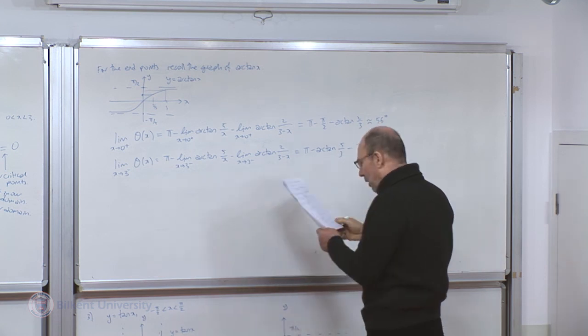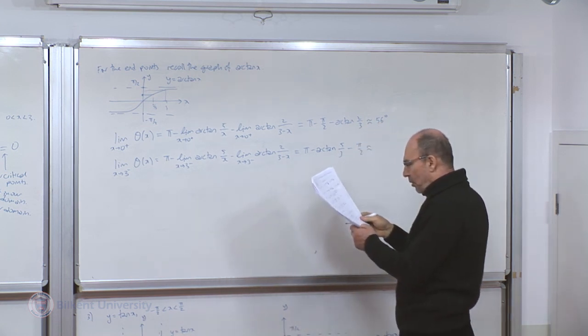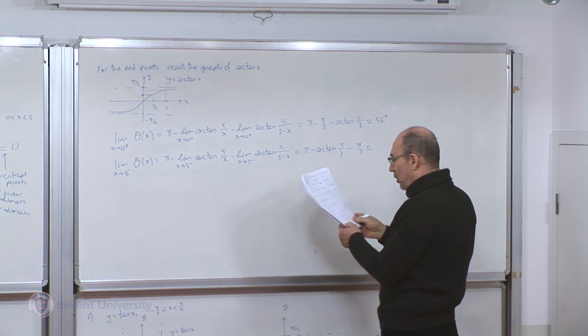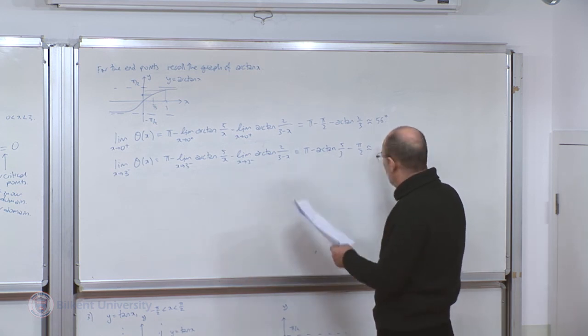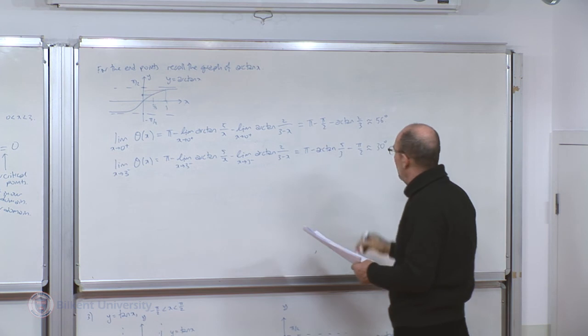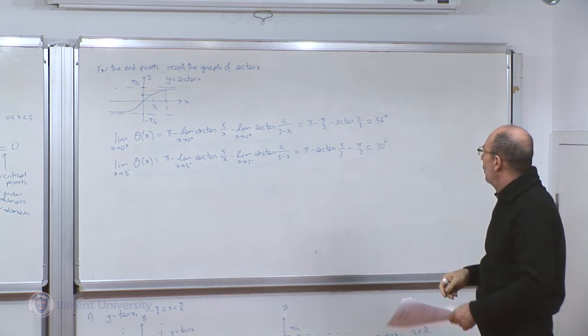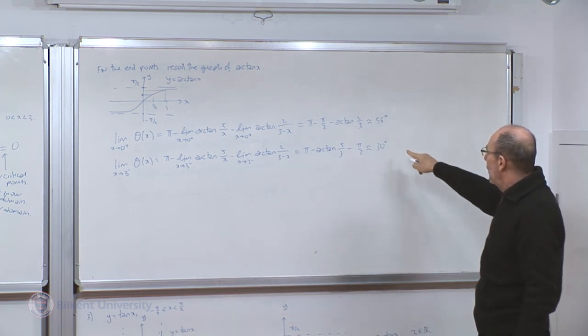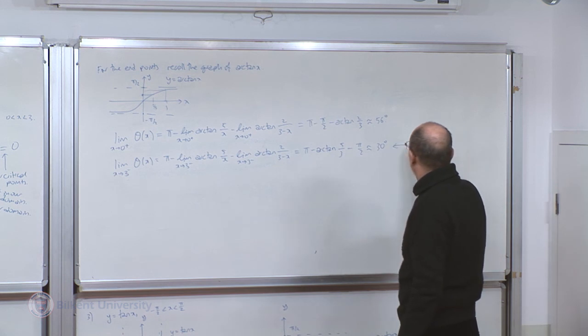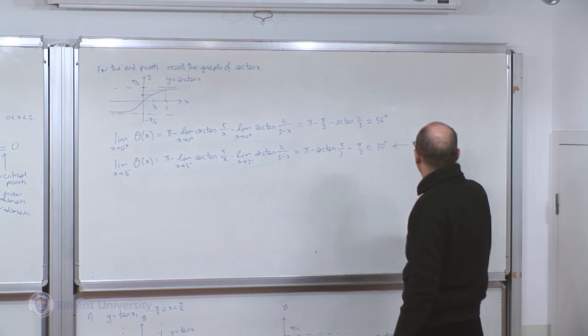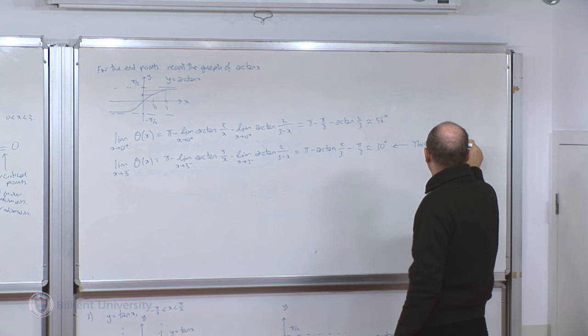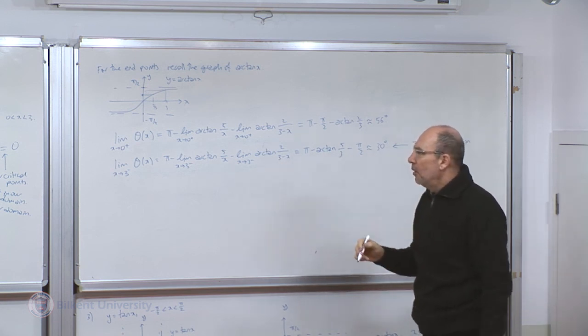And when you calculate this, what did you find? 30 degrees. This is approximately 30 degrees. 29 something, I think. Okay, so we know that this is the minimum. This gives the minimum value of theta at the endpoint.